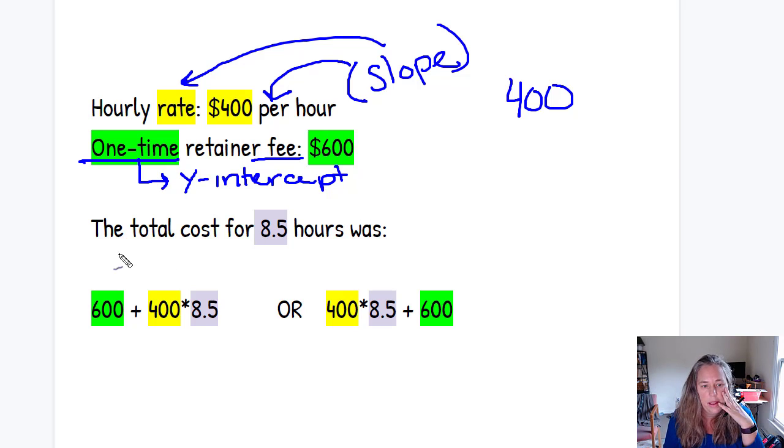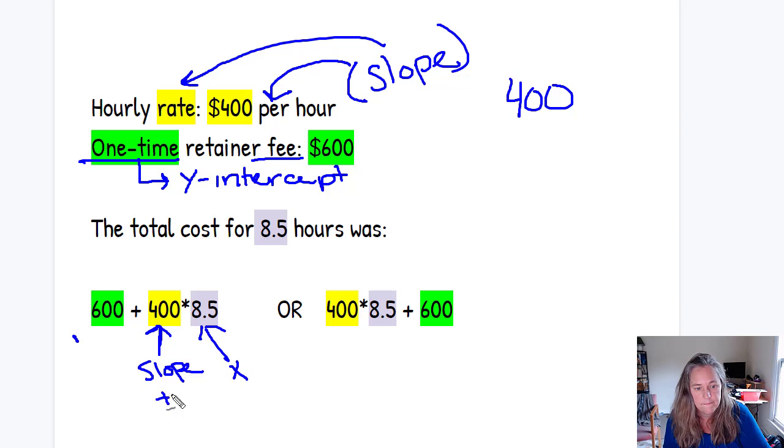So this is saying that the y-intercept is 600. The slideshow asks you to figure out the total cost for 8.5 hours. You probably did 600 plus 400 times 8.5, or you did 400 times 8.5 plus 600. I'm just going to show you that you did the slope times x. Over here, same thing. We have the slope times x, which was hours.